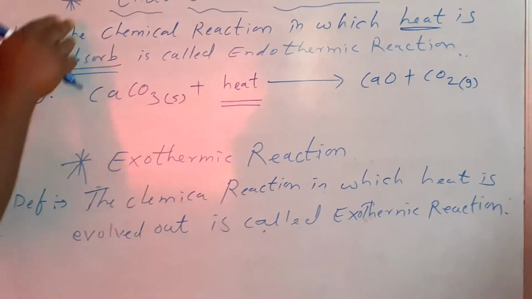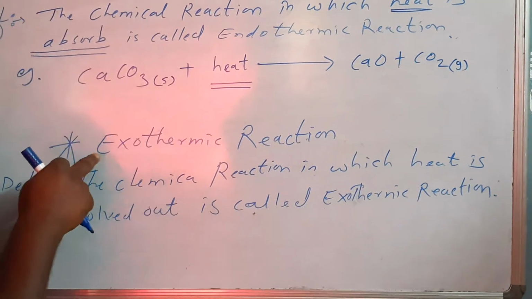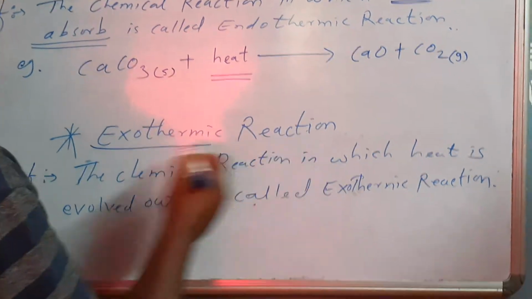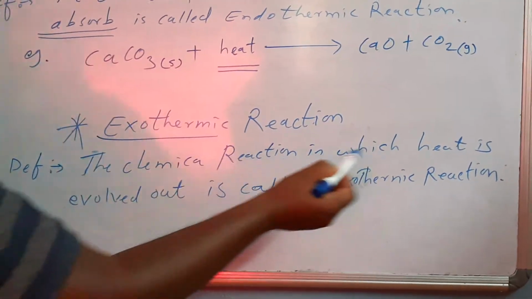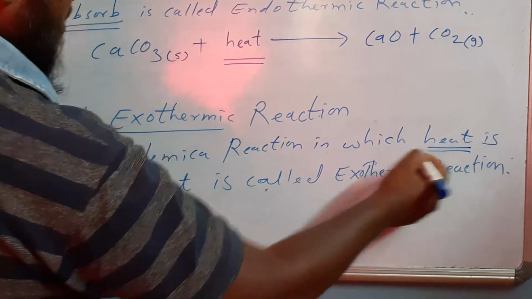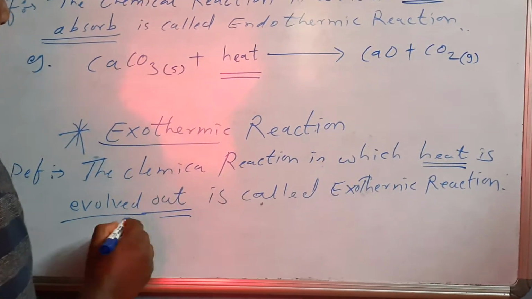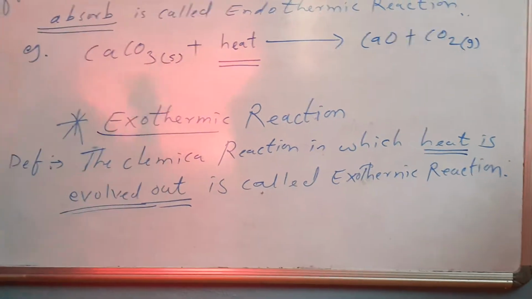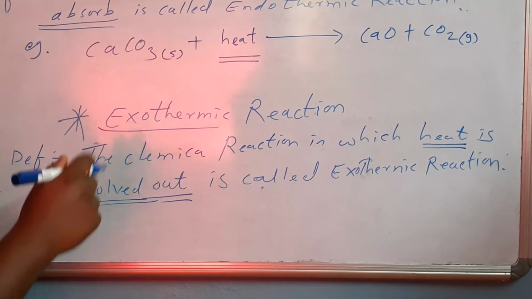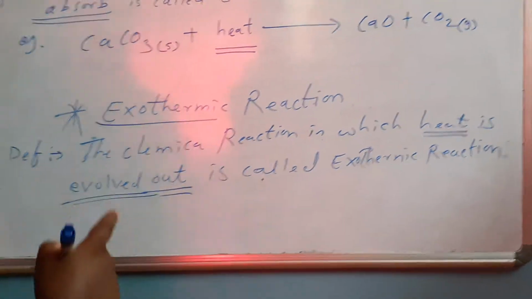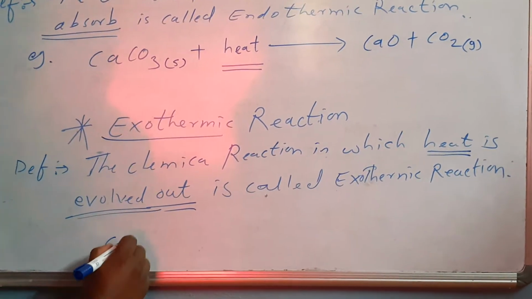Similarly, it is opposite to endothermic reaction. Exothermic reaction is defined as the chemical reaction in which heat is evolved. Means heat has to be evolved during the reaction. That type of reaction is called an exothermic reaction. An example is what?